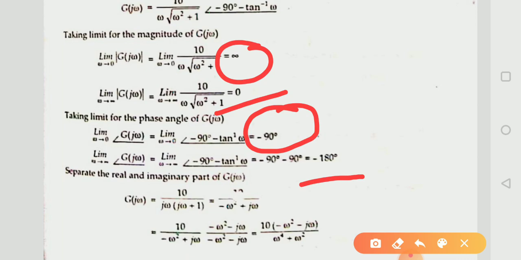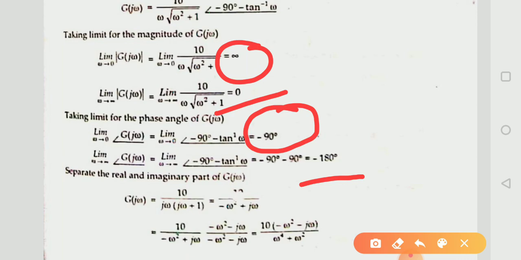Okay, and we also separate real and imaginary parts for knowing the value of omega, meaning the frequency at which it cuts the imaginary axis, and at which point it cuts the real axis.